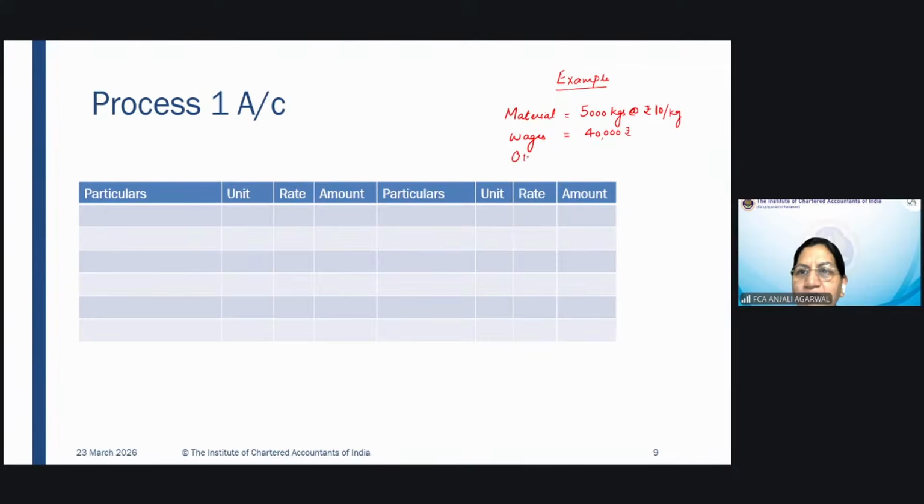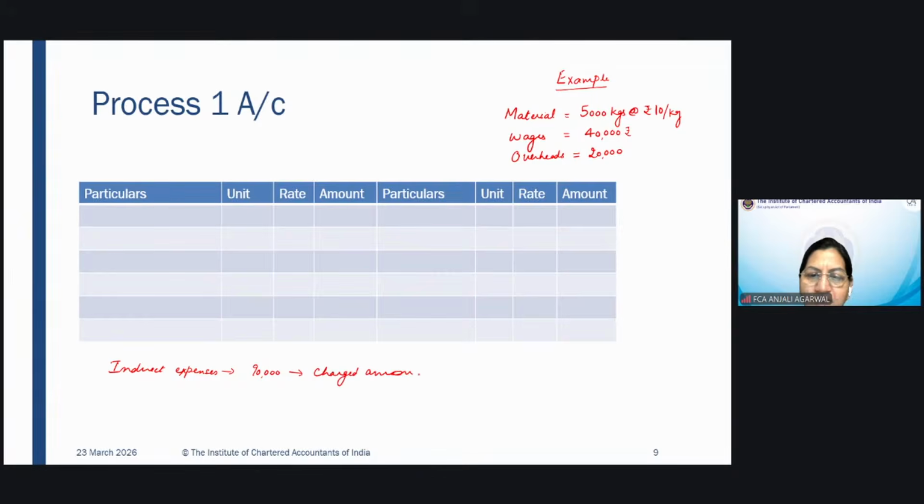And whenever you have material and wages, obviously some kind of overheads are also charged, let's say 20,000. Remember one thing, some indirect expenses may also be given to you, which are not particular to a process. For example, indirect expenses of 90,000, which should be shared among three processes.